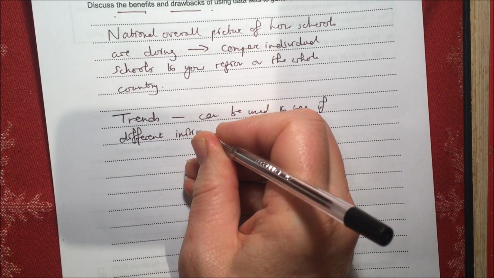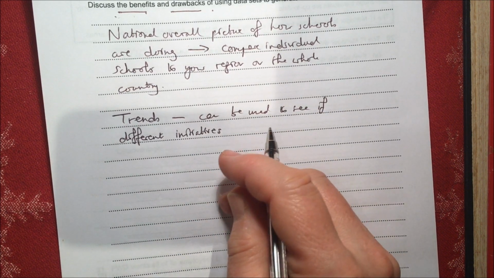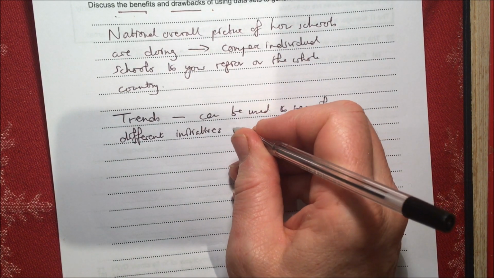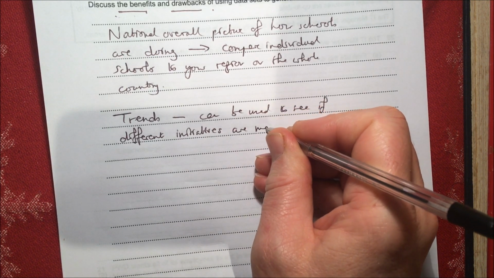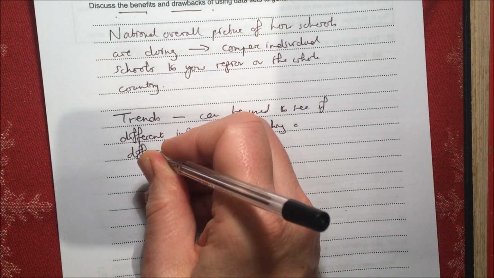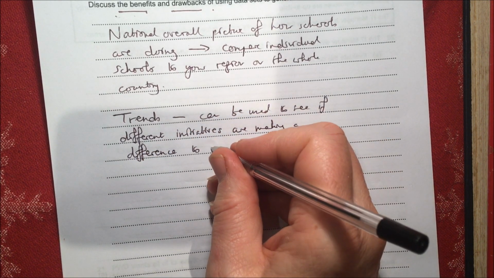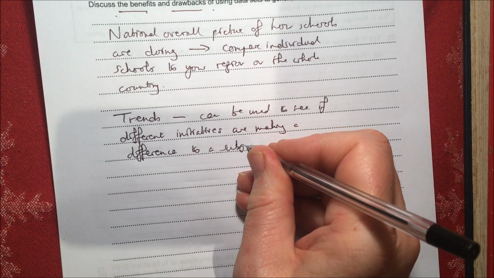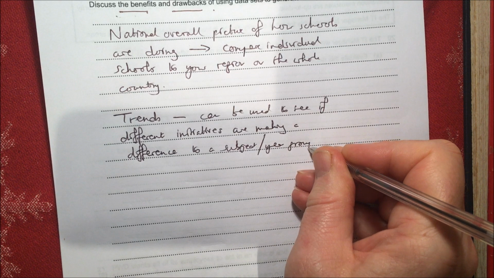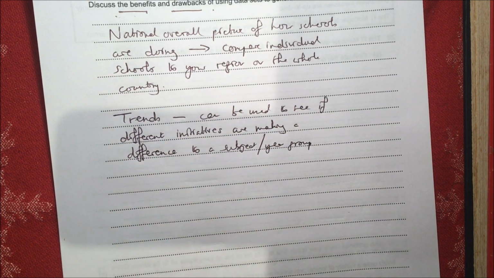So let's say they might have put in a different way of teaching, or they might have put more money into a particular subject. Can be used to see if different initiatives are making a difference to a subject or year group. So those are 2 good things about using large data sets.